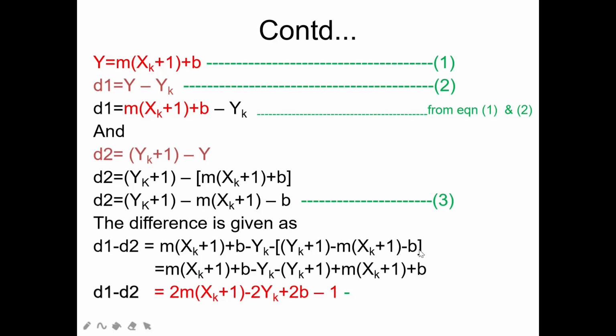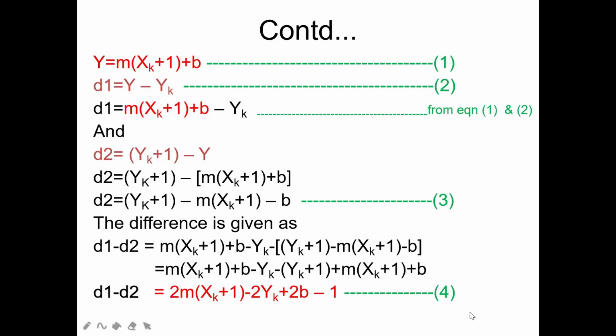Now in the next step, I will remove this bracket. If I remove this bracket, this part will be the same: m(xk+1) plus b minus yk. Now my terms will get changed: minus yk plus 1, plus m(xk+1), then again plus b. So d1 minus d2 I got in this way.